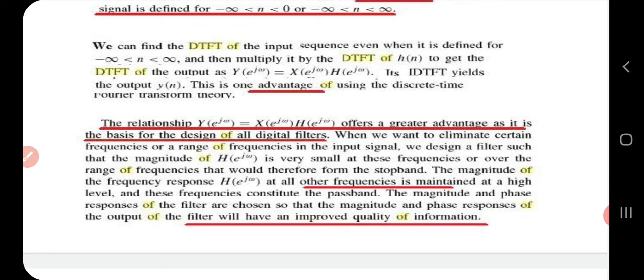The magnitude of the frequency response at all other frequencies will be maintained, made available, and they will constitute the pass band. So we can stop the unwanted frequencies and pass the wanted frequencies by using the theory of DTFT, especially in the construction of filters, and such filters will get improved quality of information.